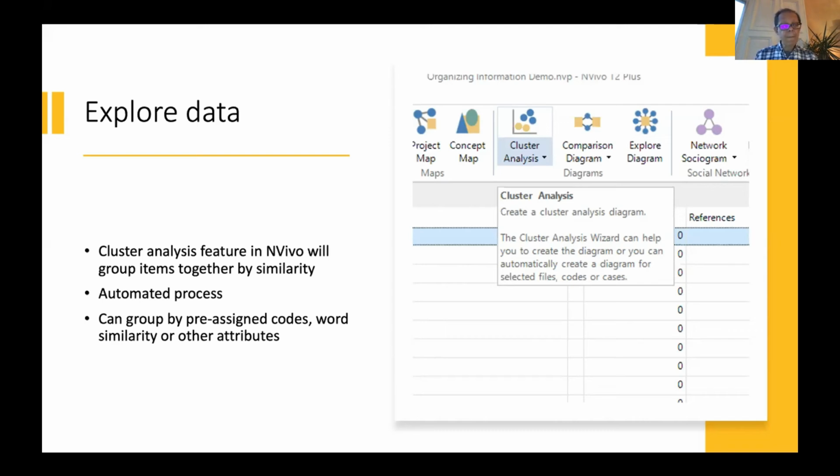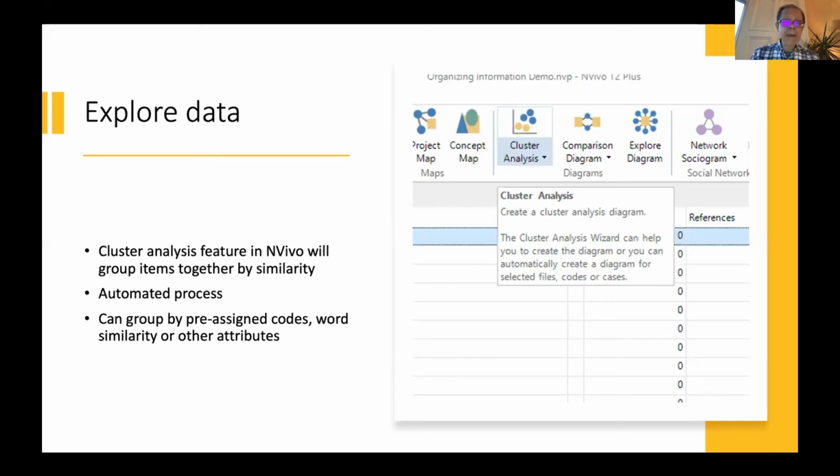There are a number of different algorithms that can be used for this, but what I will emphasize is that this is an automated process, so it's intended just to do a kind of mechanical check, if you like, of the similarity between items in a collection.